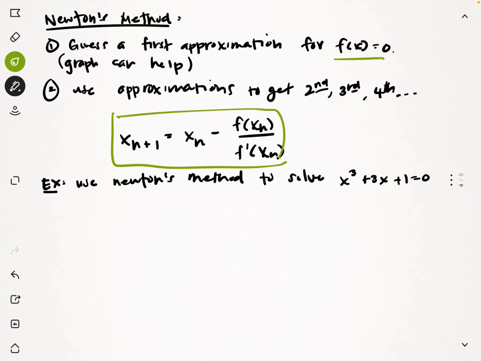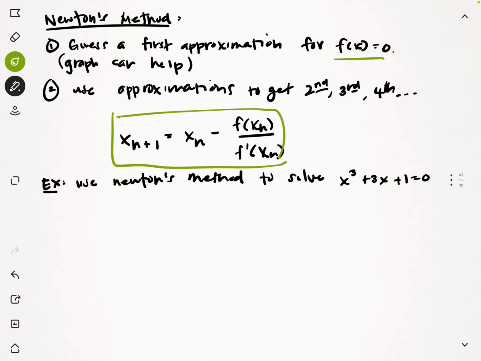Okay. So the problem says use Newton's method to solve for x cubed plus 3x plus 1 equals 0. Okay, so we're going to graph this out because it says a graph helps.